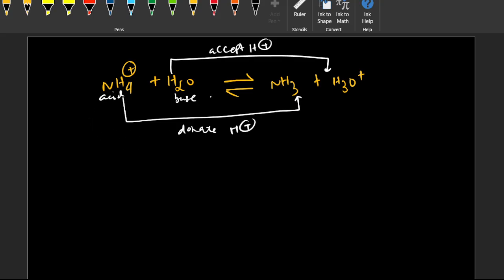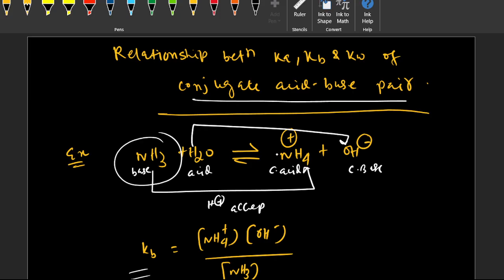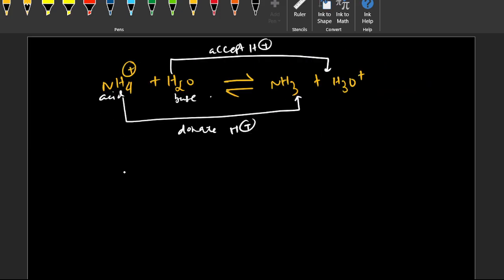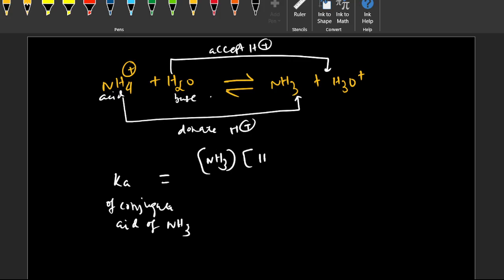So this is the conjugate acid of this base. I am taking the Ka of the conjugate acid of NH3. What will be its Ka? The concentration of products divided by the concentration of reactants.